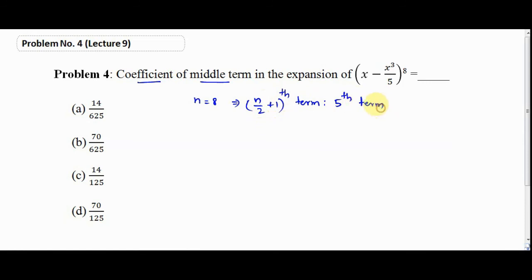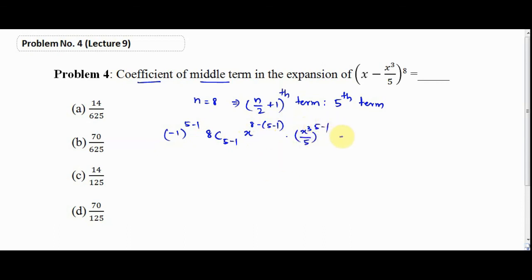Now let's calculate the 5th term in the expansion. It will be (minus 1) raised to (5 minus 1) into 8C(5 minus 1) into x raised to (8 minus (5 minus 1)) into (x cube by 5) whole raised to (5 minus 1).